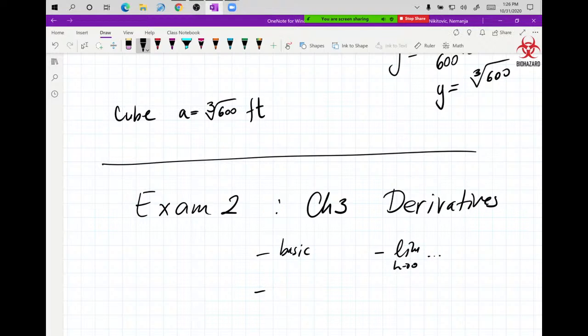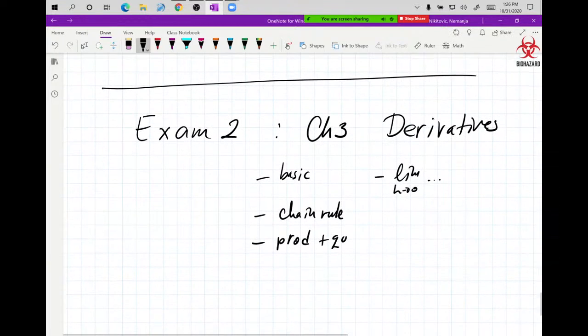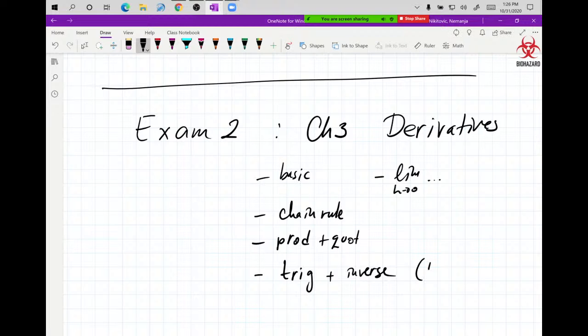You absolutely have to have the chain rule, and the product and quotient rules. What do you mean by basic again? Basic, like the derivative of x to the 7 is 7x to the 6. Then trig plus inverse trig, and for inverse, basically inverse tangent is the only one we care about.